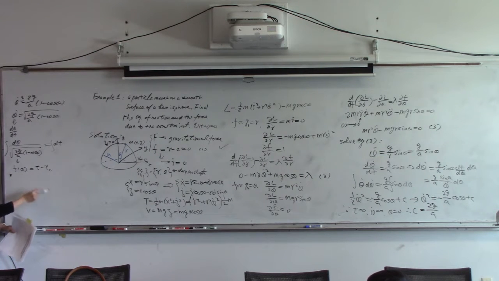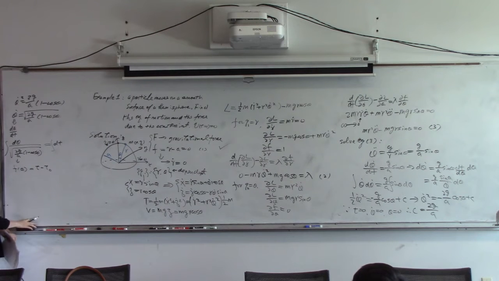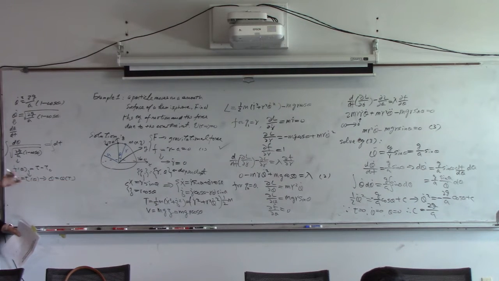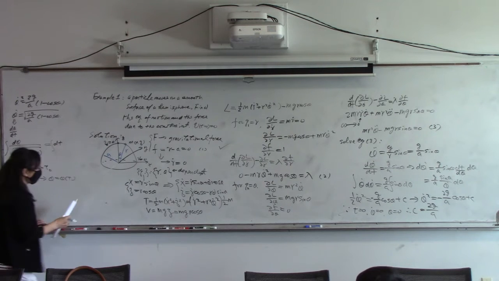This is t as a function of theta, and then you are going to make theta as a function of t. That is also math, so we will not spend time here. I just let you know it is doable. How to take the integral and get this is sometimes not easy, but we know it is doable. So that is the solution.